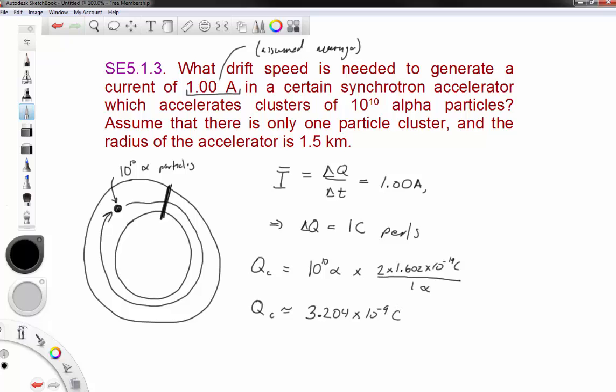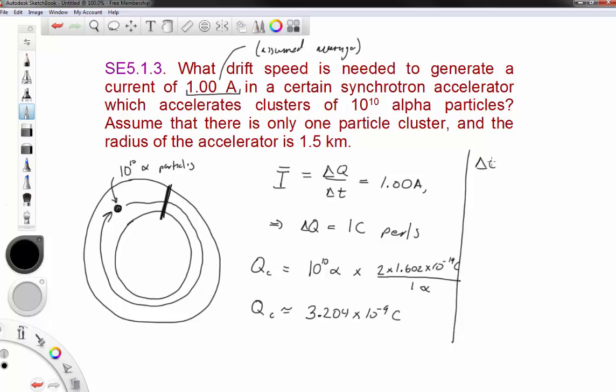So what that tells us is that if we want to get a total average current of 1 amp, we would need this thing to make many laps, roughly 10 to the 9 laps around this synchrotron in 1 second. So what does that look like?